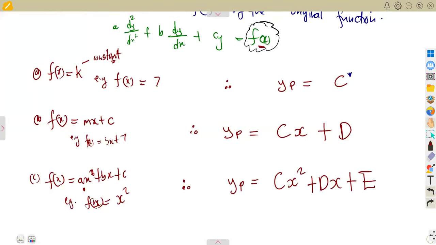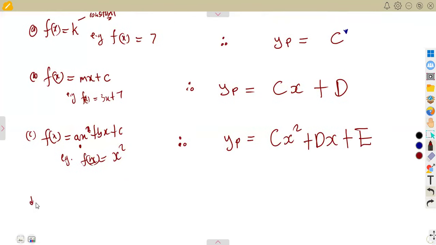All right, it can be an exponential. F of x can be an exponential, something like e to the exponent of kx. That's an exponential. For an example, y is equal to, or f of x, in this case, you can just take anything.